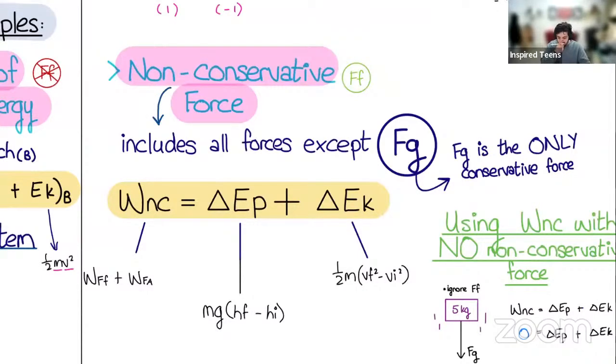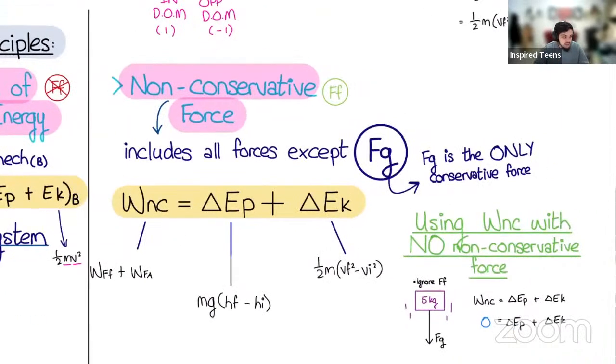A non-conservative force includes all forces except for Fg, the gravitational force, and Fg is the only conservative force that we work with. Remember we defined a non-conservative force as a force on an object that is dependent on the path that it takes, something to that effect.